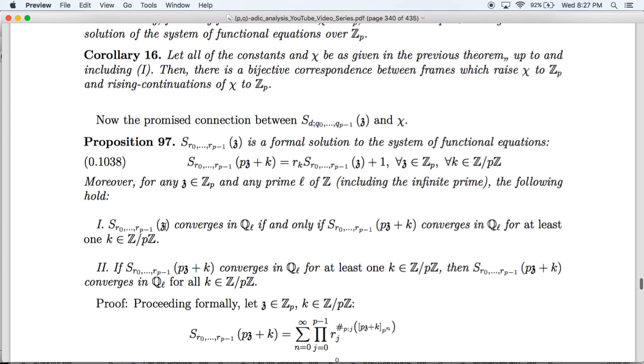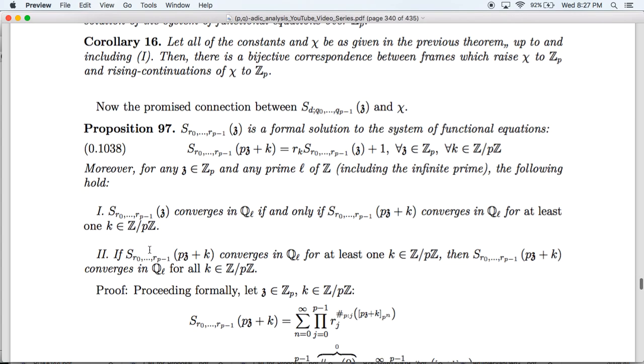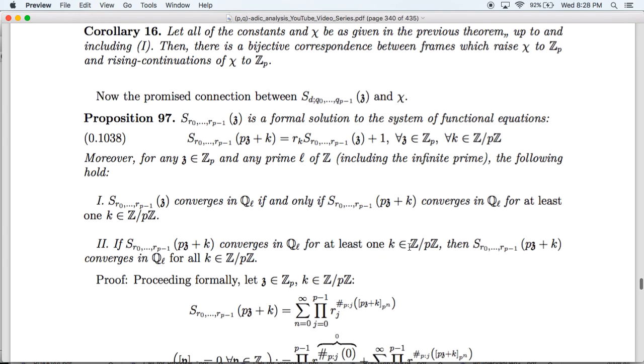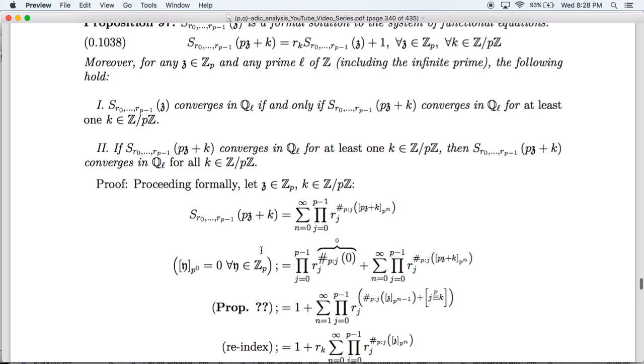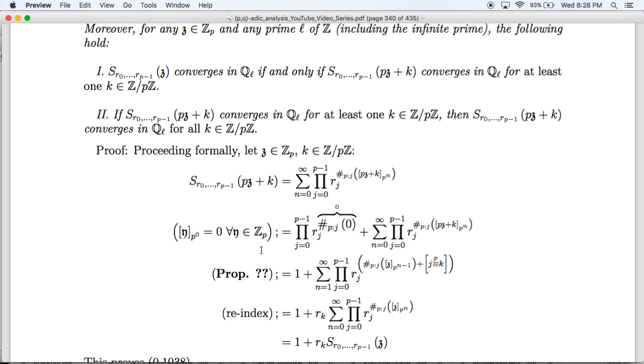The F series at z converges in QL if and only if the F series at pz plus k converges in QL for at least one k in z mod p, and if it converges in QL for at least one k, then it converges in QL for all k in z mod p. And the proof is entirely formal.